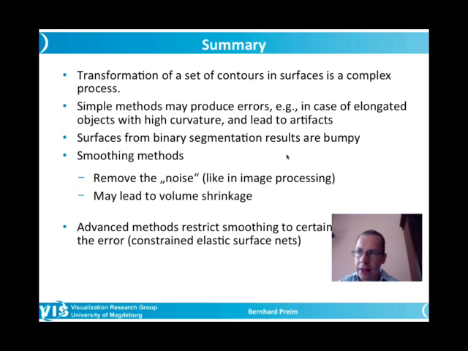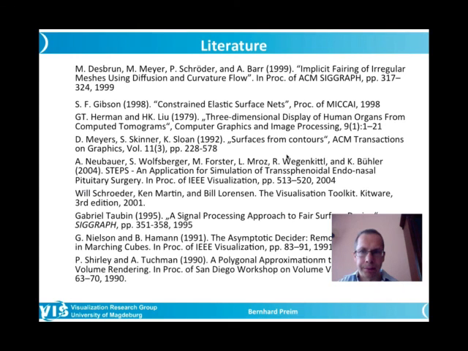Some advanced methods correct for this and can avoid this. One method we have seen, constrained elastic surface nets, where the error indeed can be restricted to be in the same order of magnitude as the spatial resolution of the medical imaging device from which this surface was generated.